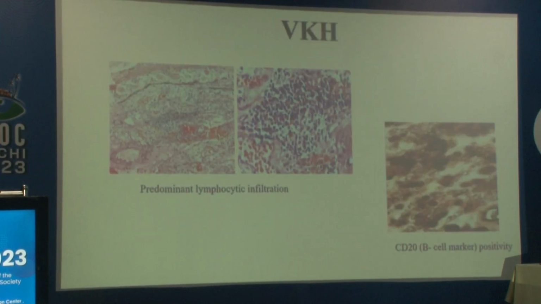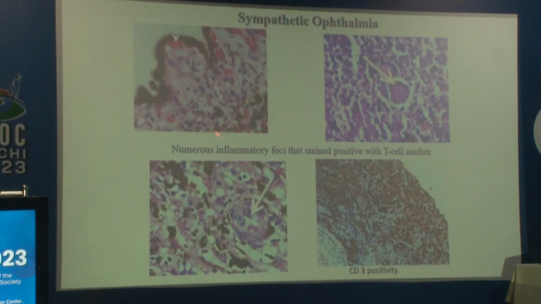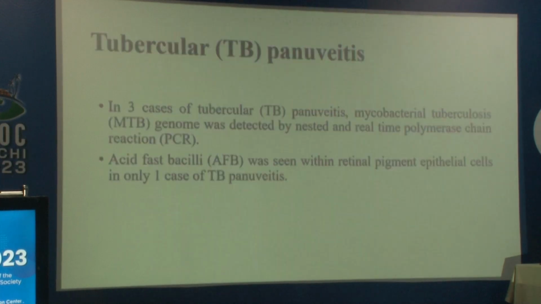And this is a B cell positivity in a case of VKH, and you can see the B cell positivity, and this is the lymphocytic infiltration. And this is a case of inflammation in the ciliary body, as well as the choroid with granuloma formation, and this brown color is the CD3 positivity, T cell positivity was seen.